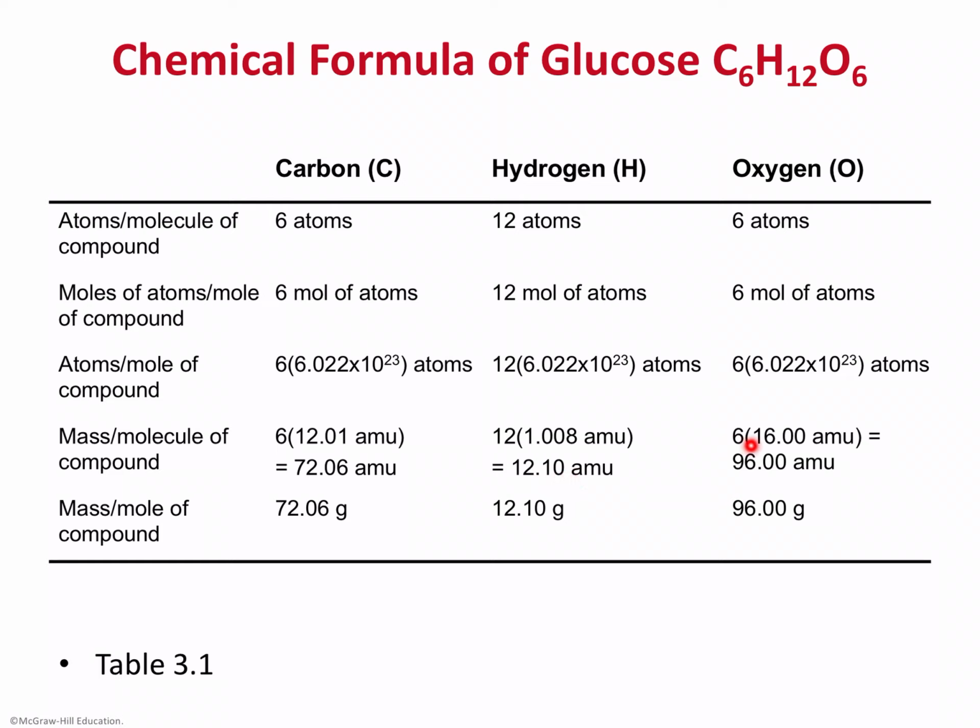And then 6 times 16, oxygen's molar mass being 16, is 96 atomic mass units. Now the atomic mass units and the mass in grams are the same numbers. So the mass per mole of compound is the same amount: 72 grams, 12.10 grams, 96 grams. Okay, so if you have 1 mole of a compound, the individual amounts are going to be considered or explained like this. Okay.